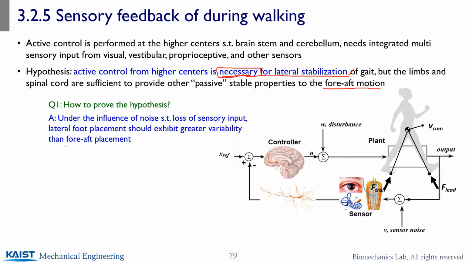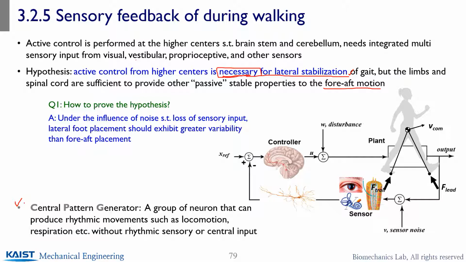In that sense, we could examine that by perturbing the sensory information for walking, like eyes-closed walking, a visual sensory information perturbation. We will see the gait change for the lateral directional gait response compared to the back and forth, so forward and aft directional motion. Okay, that's the kind of concept by which we could prove that sensory feedback is involved in walking.